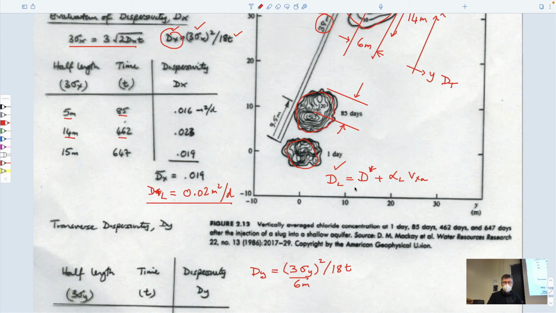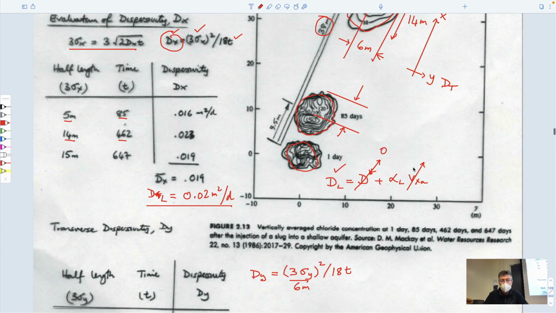Let's assume that diffusion is trivial in this system compared to the advective mix, the mechanical mixing. And so now we know what this is. We know it's about 0.1 meters a day.